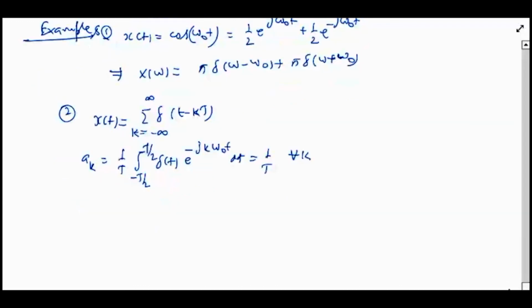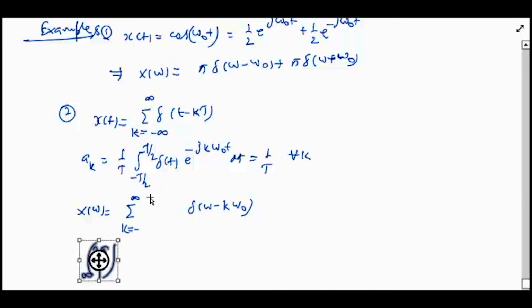So now I can write the Fourier transform X(omega) of x(t) as follows. It is the sum over k from minus infinity to infinity of 2 pi by T delta(omega minus k omega naught). Notice that 2 pi by T is constant, so I can bring it out of the summation, and the Fourier transform can also be written as follows.